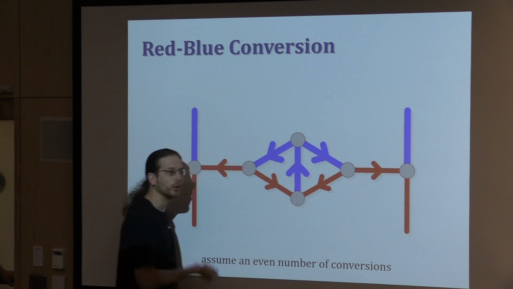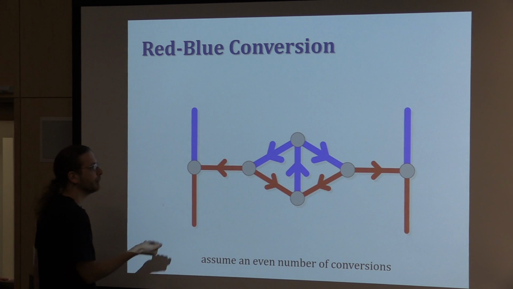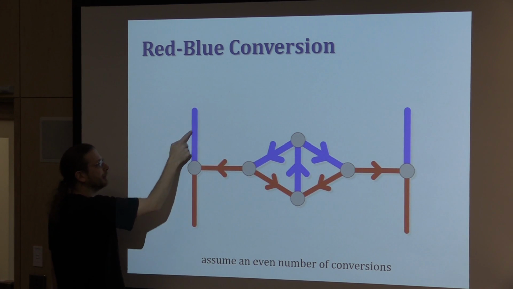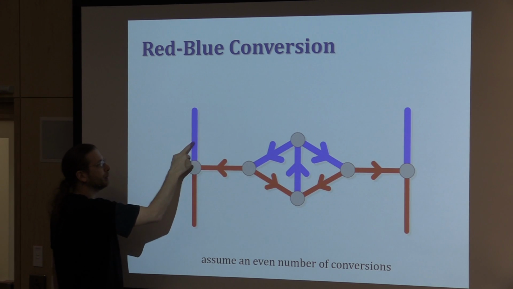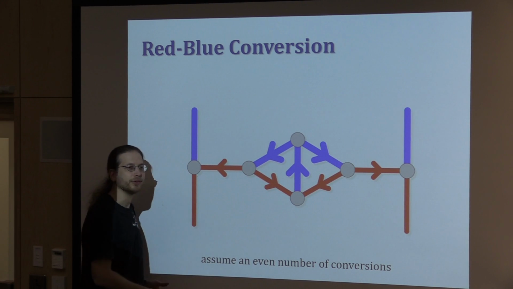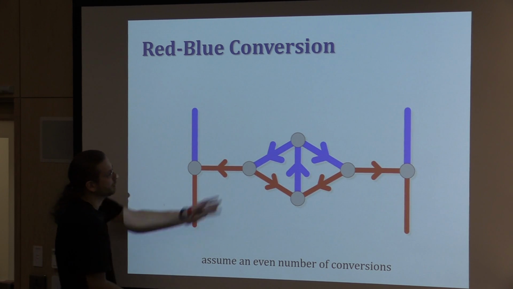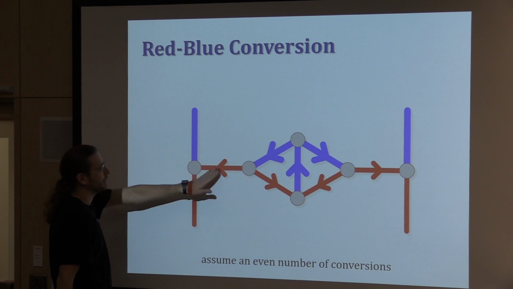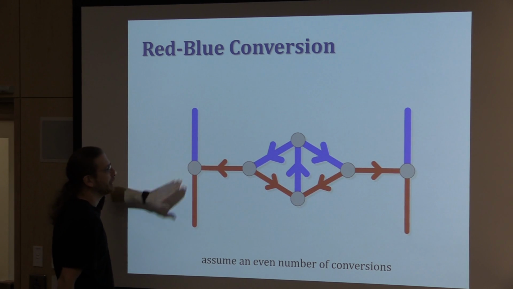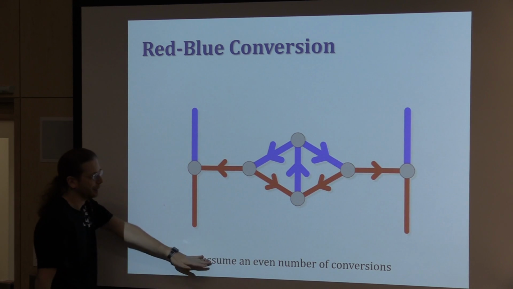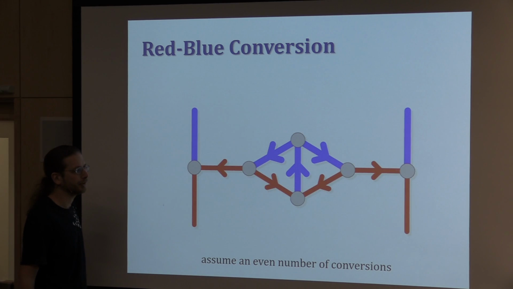So you always get a weight boost of 1 from both of these vertices. And so now, if this guy's pointing in, that's a total weight of 2, and so then this guy can point out. Of course, if this guy's pointing in, this guy can point out. And it's symmetric on the two sides. So maybe you do try to mess with this gadget, although I don't think you can. What we need is that you are allowed to just leave it like this, and you get a bonus point for each of those vertices, and all is well. And we'll see later how to make an even number of conversions.